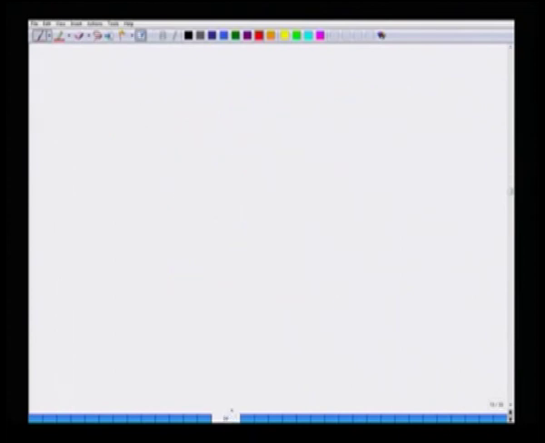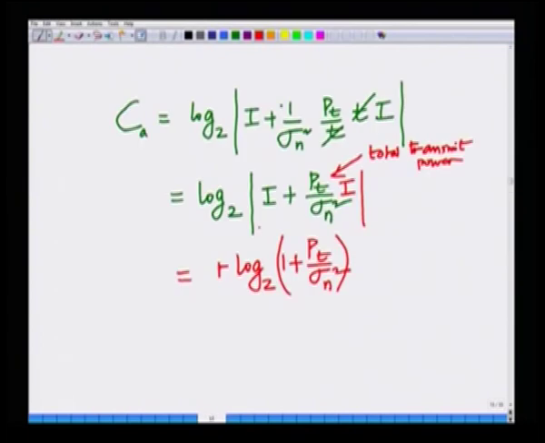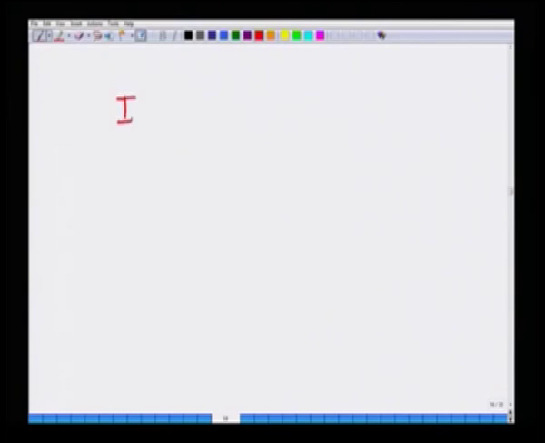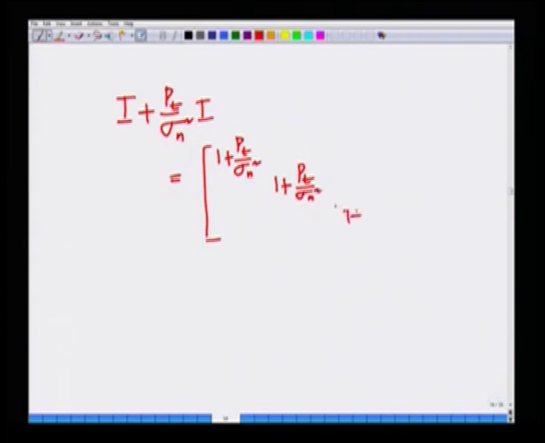Because if you look at the structure of the matrix I plus P_t over sigma_n squared I, this matrix has 1 plus P_t over sigma_n squared on every diagonal entry, and the off diagonal terms are all 0.